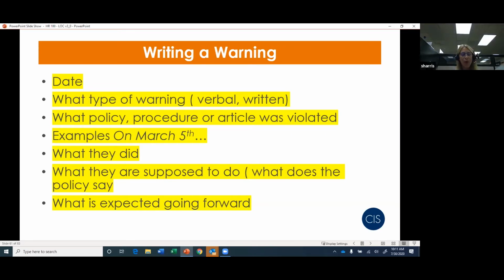You might also want to put in here what's going to happen if they don't do this. So you might put in a clause that says, this is your opportunity to correct these performance issues, failure to adhere to the conditions of this verbal or written warning may result in more serious corrective action up to and including termination, or something like that.